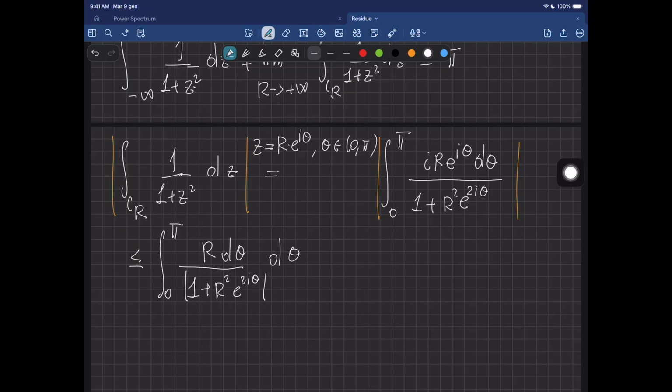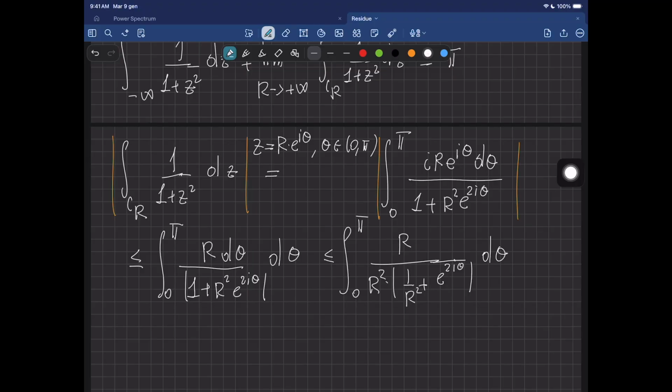Okay, and now this one is going to be less than or equal to the integral between 0 and pi of r divided by, I can factor out r squared, so it's r squared times the modulus of 1 over r squared plus e to the 2i theta, d theta.